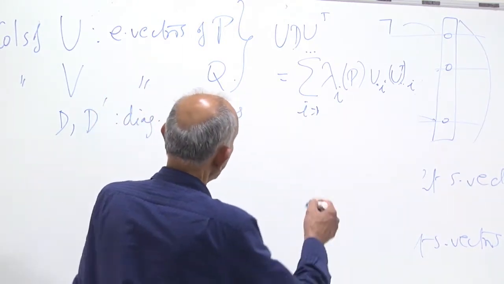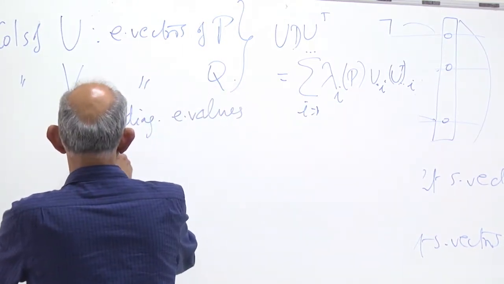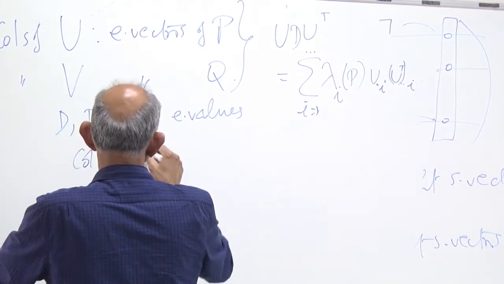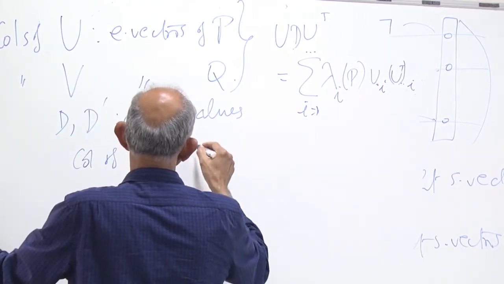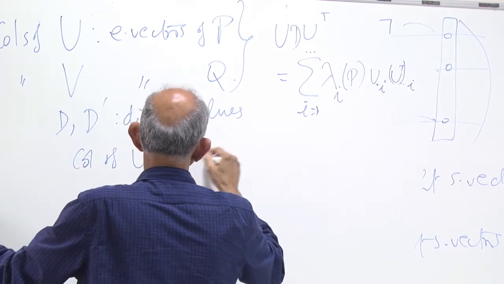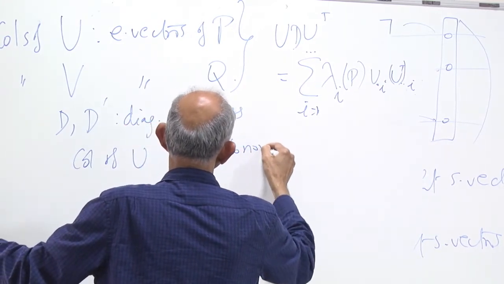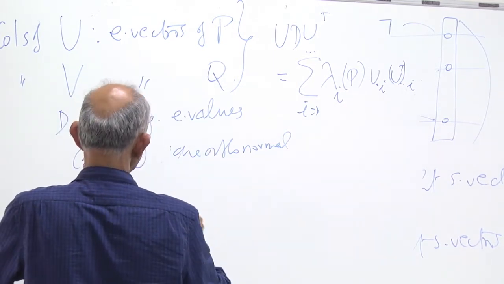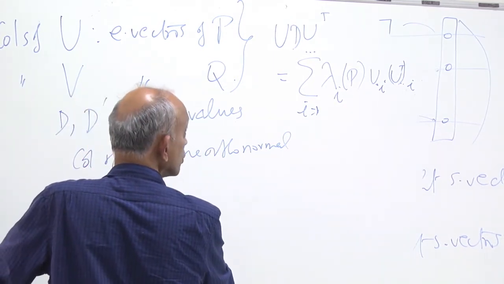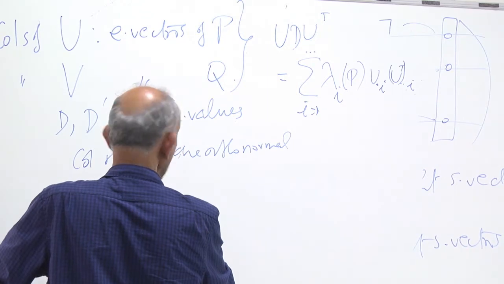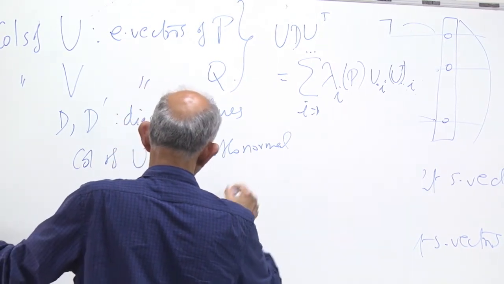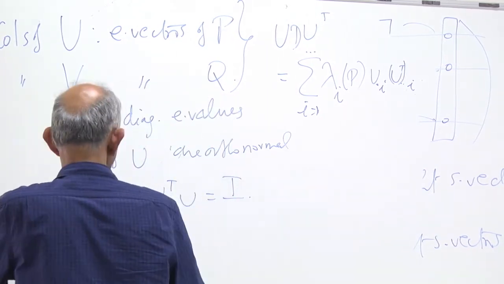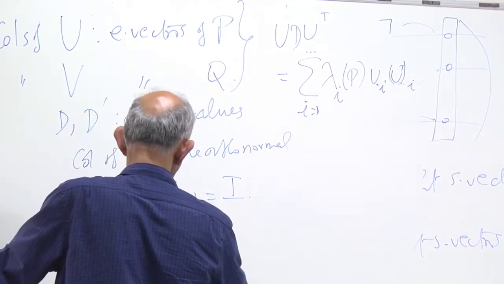Now, what we know is that the eigenvectors are orthogonal. The columns of U and V are orthonormal. In matrix notation, that says U transpose U is the identity, and V transpose V is also the identity.